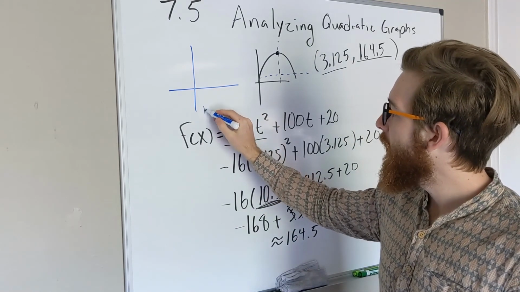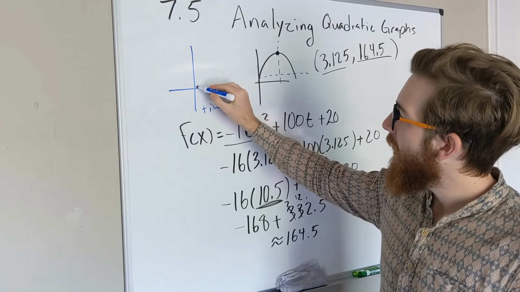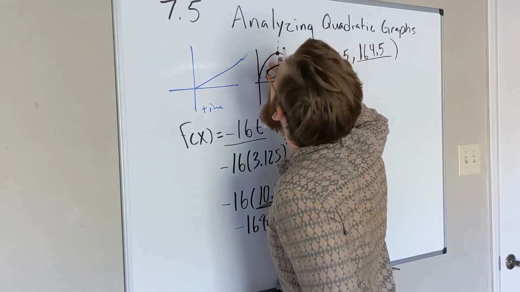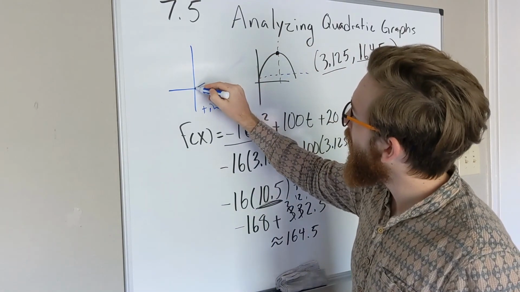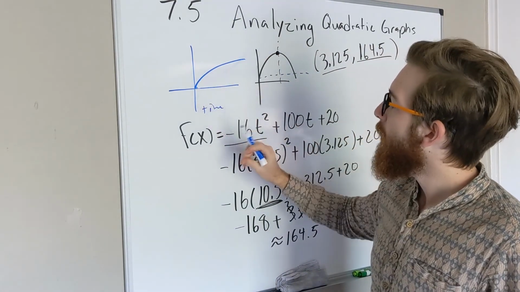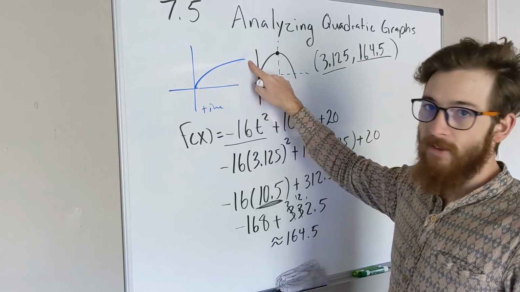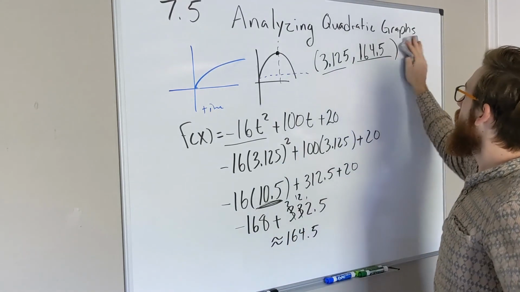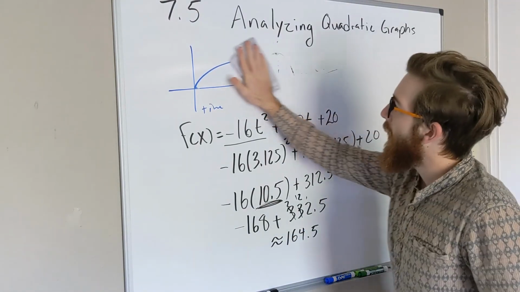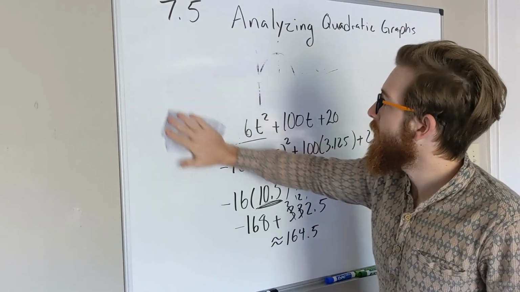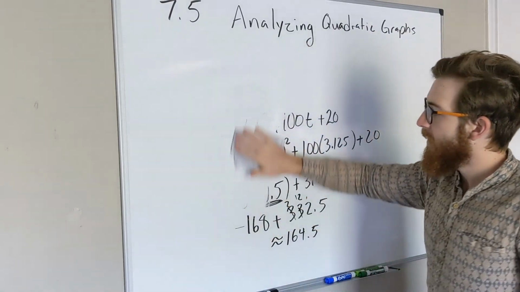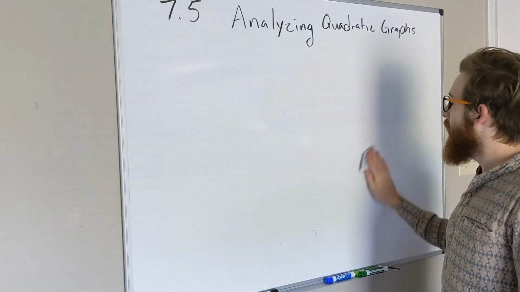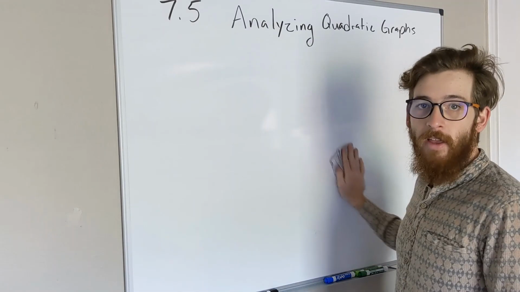And as time goes by, how far it goes would maybe look something like that, because it's traveling faster and then it kind of slows down. So there are many different ways that you can look at this, but quadratic functions can be used quite nicely in analyzing and maximizing area, maximizing height, and those types of functions.